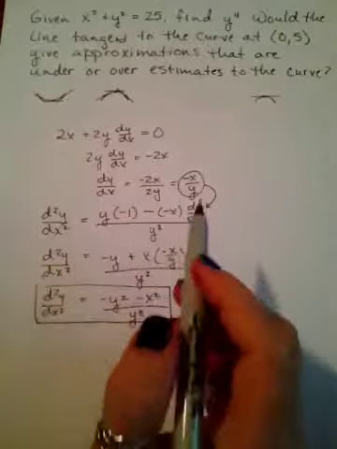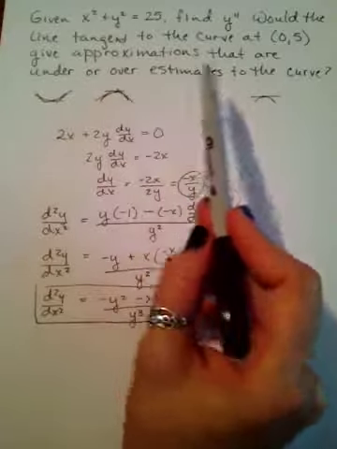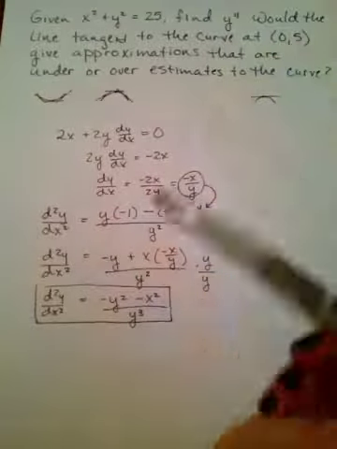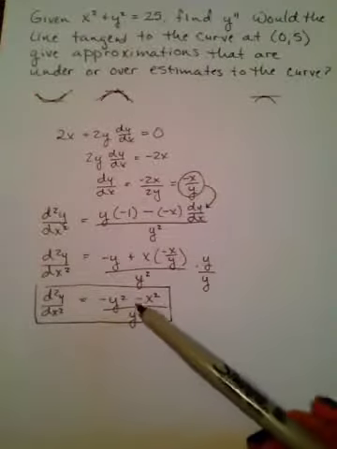The next part of the question says, okay, are the tangent line approximations underestimates or overestimates of the curve? So I'm going to take my point (0, 5) and plug it into the second derivative because I want to know about the concavity at this point.